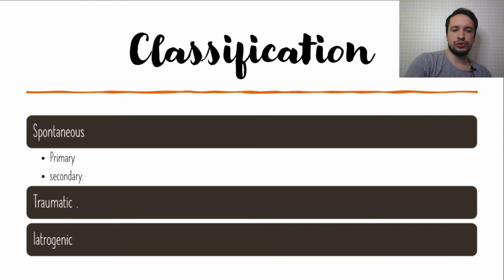In turn, spontaneous pneumothorax is divided into primary, when a patient hasn't got any pathology or disease of the lungs, and secondary, when patients have some pathology of the lungs.